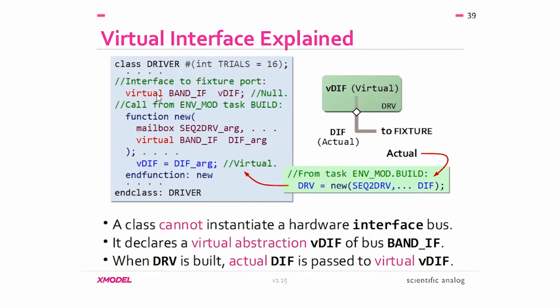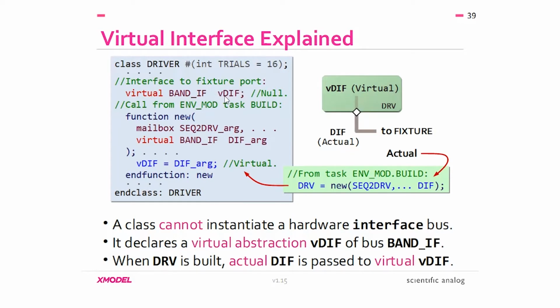If we did that without this virtual keyword, we'd get an immediate syntax error because you can't instantiate hardware like a logic module or an interface bus within an abstract class.